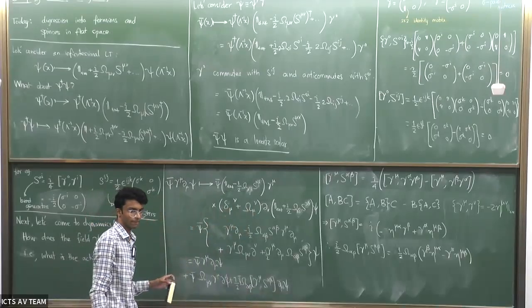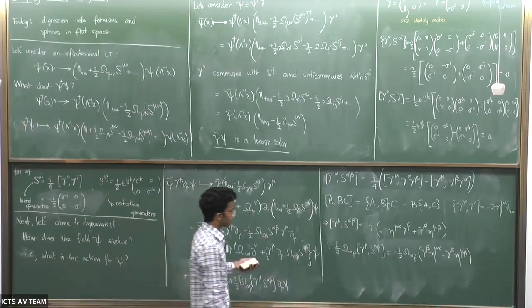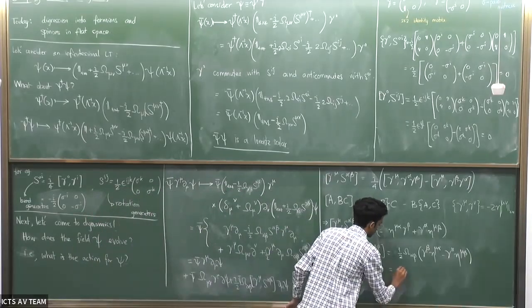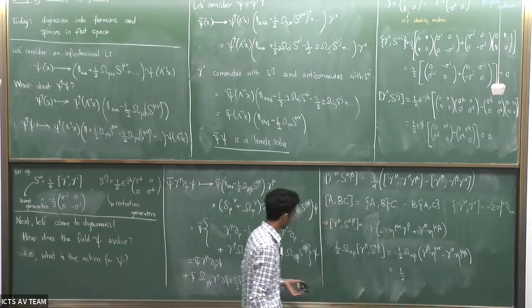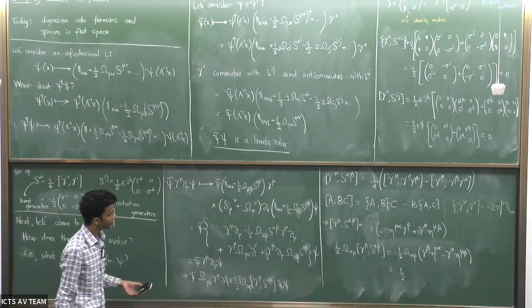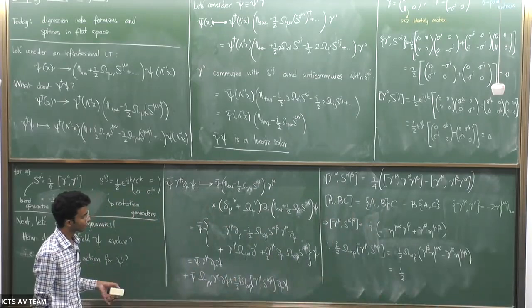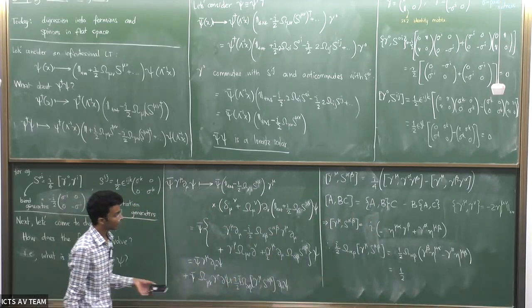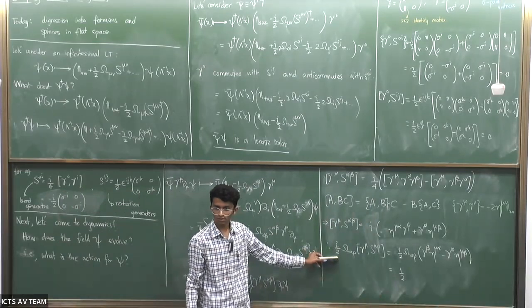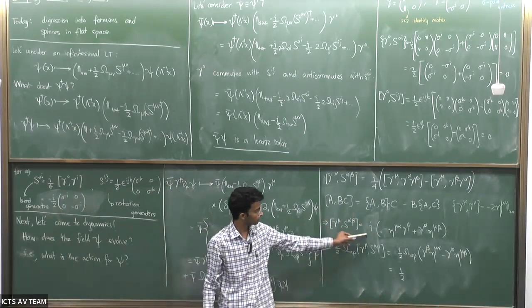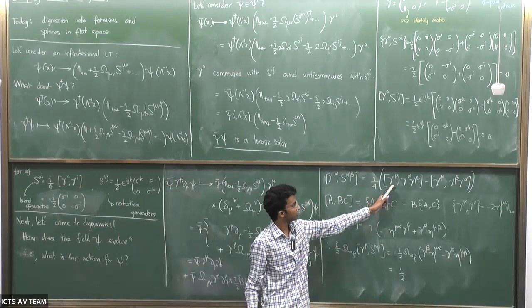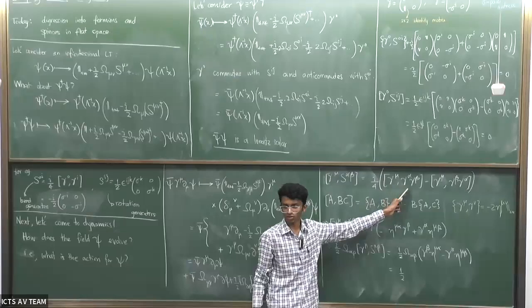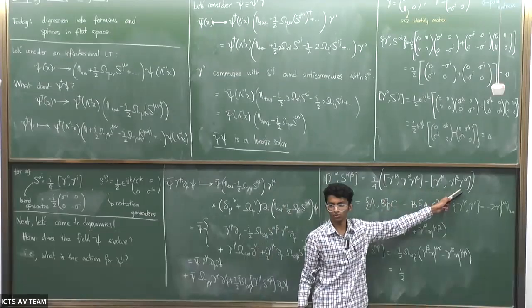Is this okay? So here what happens? So you get half. There's an i over 2. See, each of these terms, there'll be a 2 and a 2, and then there'll be another 2 and a 2.